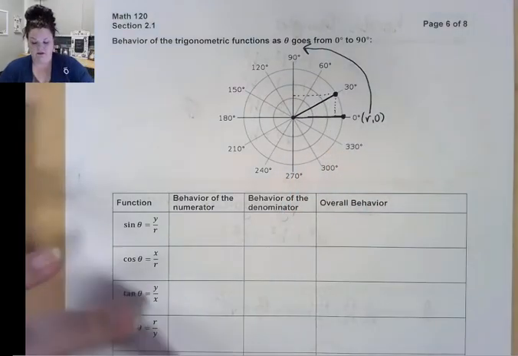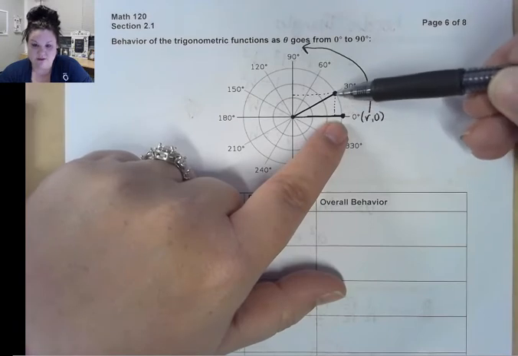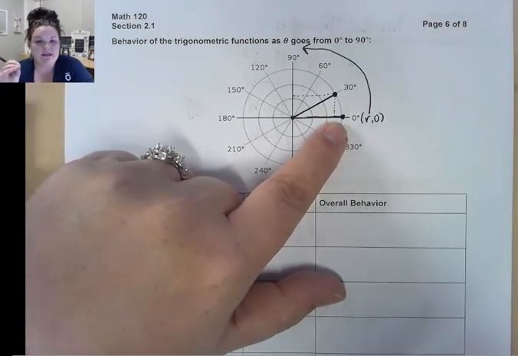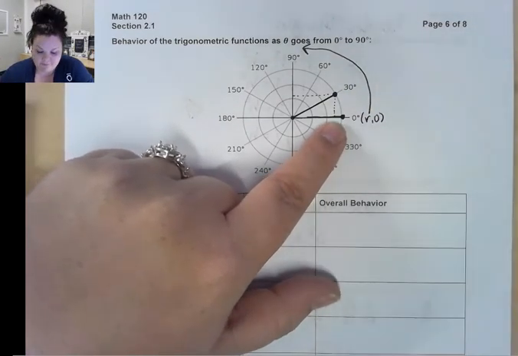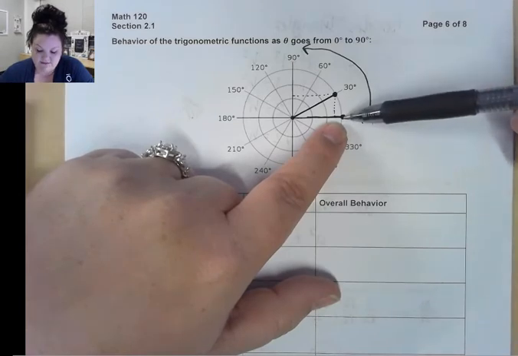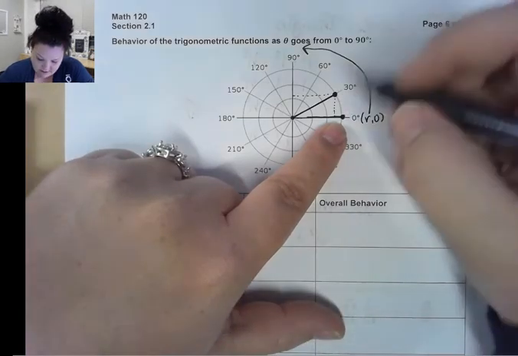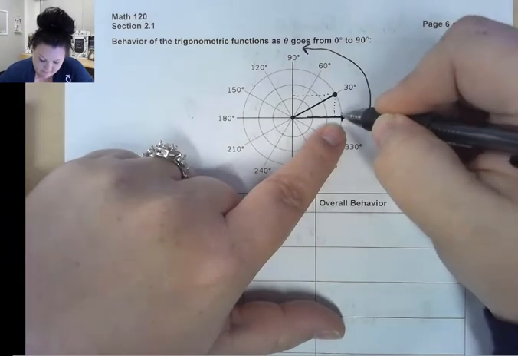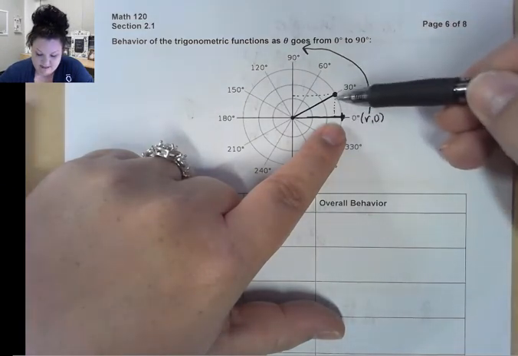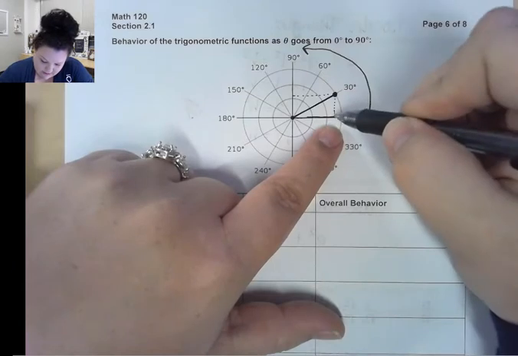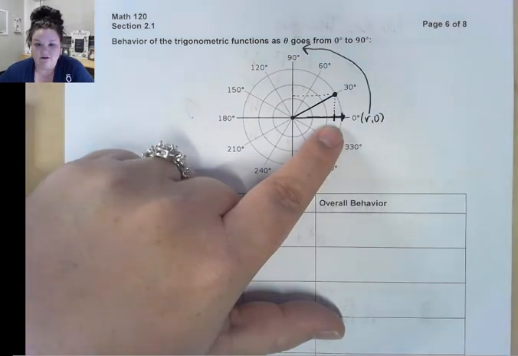What happened? Going from 0 degrees up to 30 degrees, let's think about this in terms of X and Y, okay? If this is my X value, as I go up to this next point, is my X getting bigger or smaller? Okay, right now my X is here. When I go up to this next value, notice now my X is here, right?